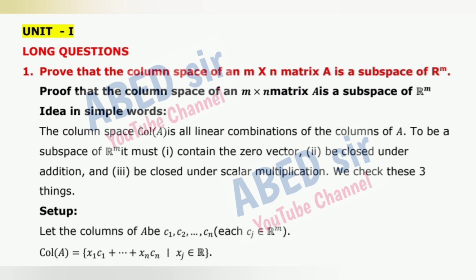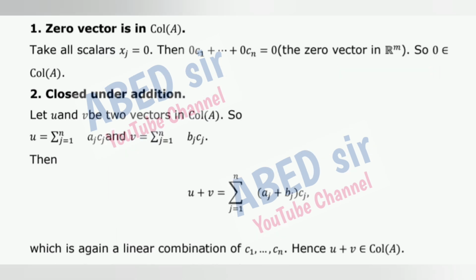Setup. 1. The 0 vector is in the column space. Take all scalars xj = 0. Then 0·c1 + ... + 0·cn = 0, the 0 vector in Rm. So 0 is in the column space. 2.